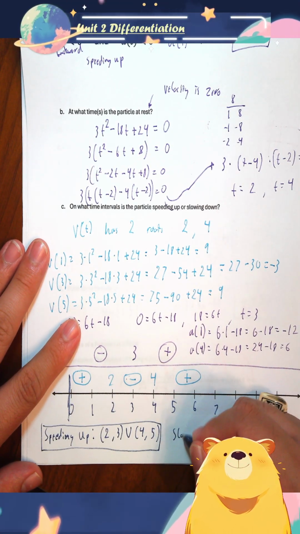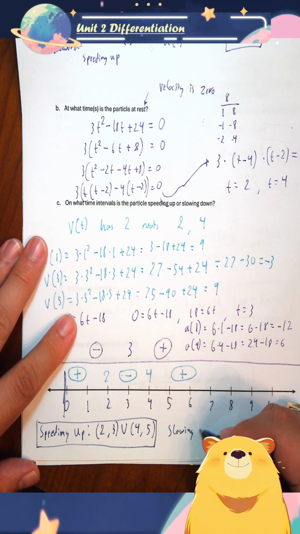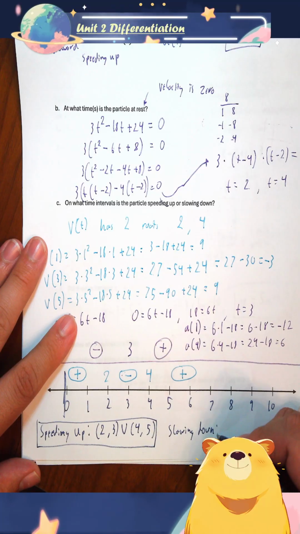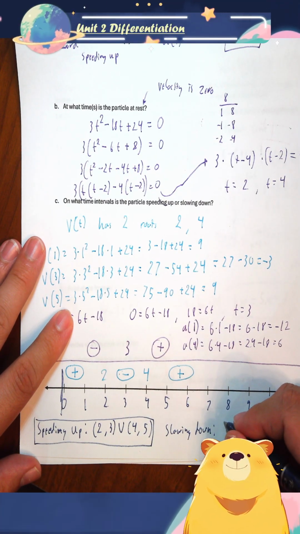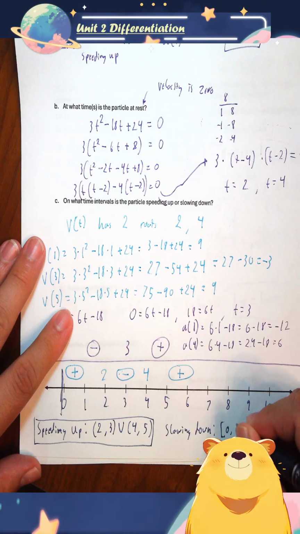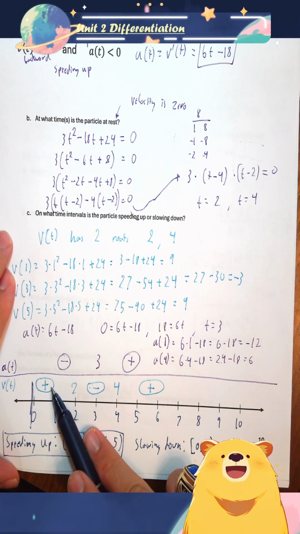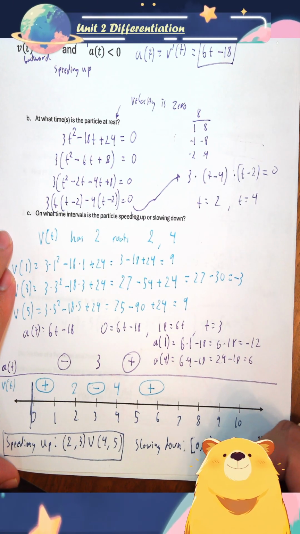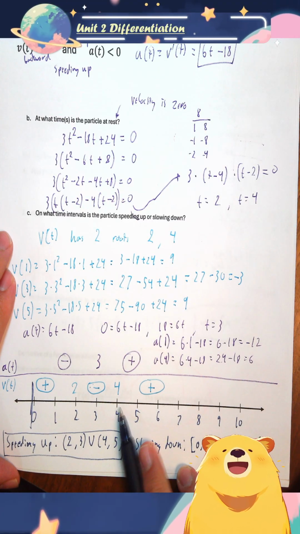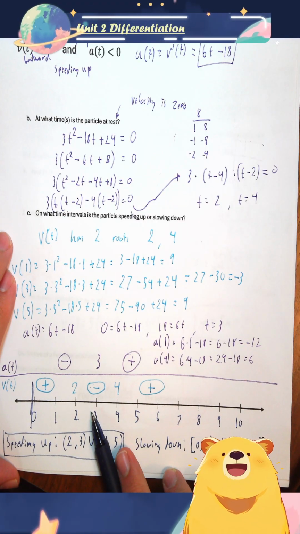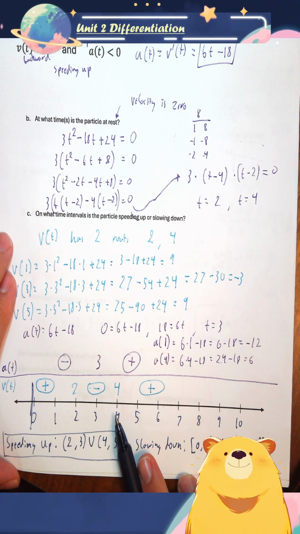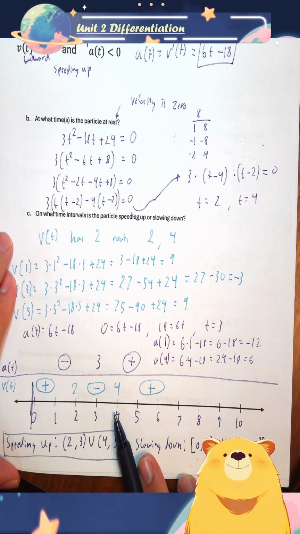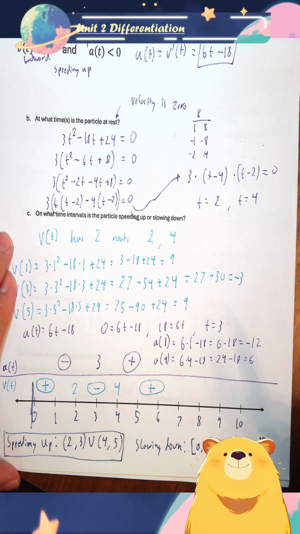Slowing down means that they have two alternate signs. So we see from 0 up until 2, they are alternating positive and negative. And then as soon as we enter 3, so from 3 to 4, wait, give me a second.